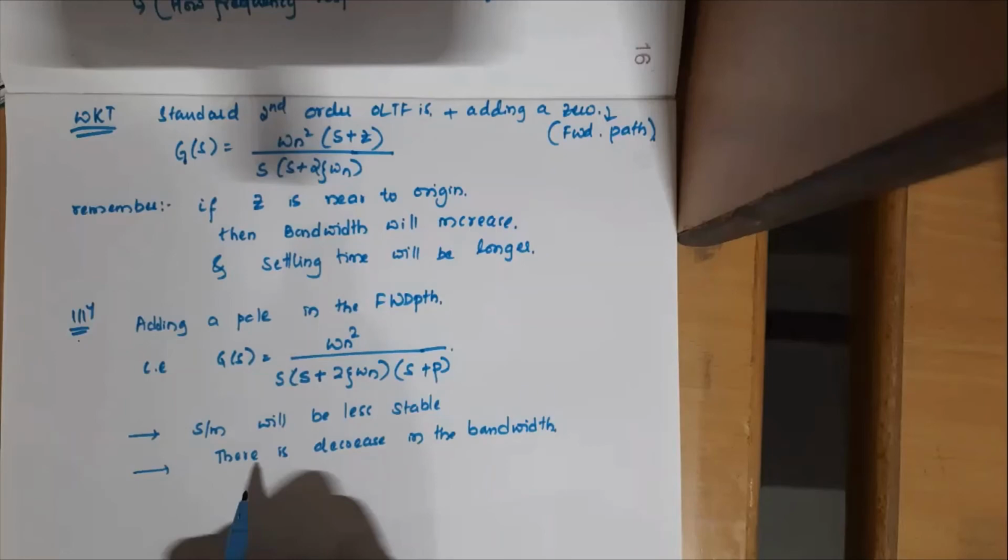Yeah, if the location of the added zero is nearer to the origin, then the settling time will be longer.